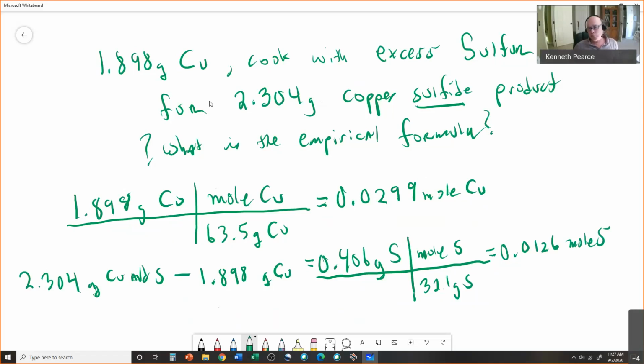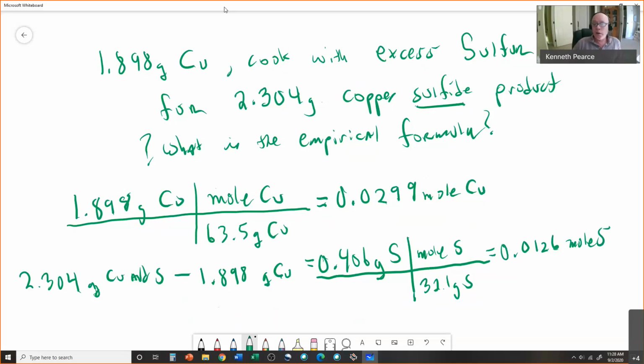Now I'm ready to get the mole ratios between the two so I can get my final formula. Okay, did y'all see how I got that? The thing you have to realize is that the copper sulfide is not the sulfur. It's the copper and the sulfur. So you just subtract off the copper that you started with, because that doesn't change. You're not gaining or losing any copper. Now we can get the grams of sulfur, and using the molar mass of sulfur, we can get the moles.